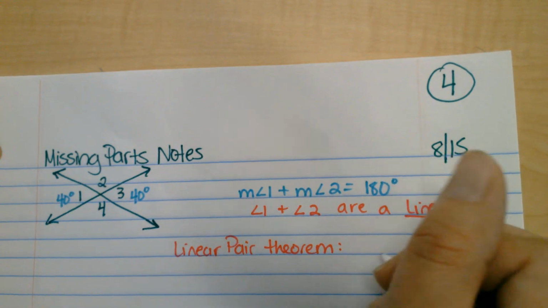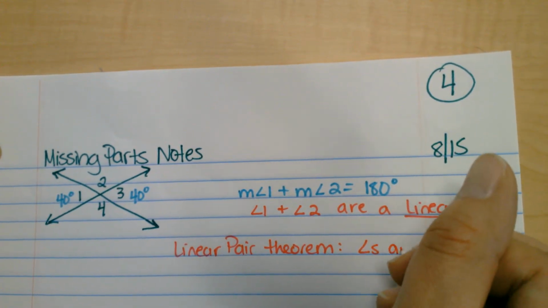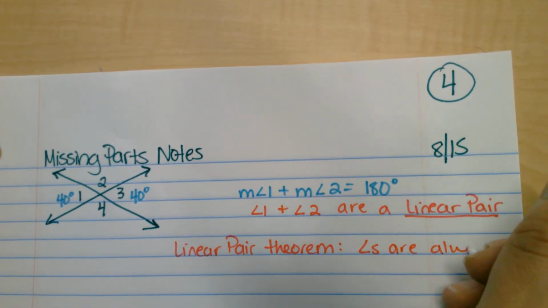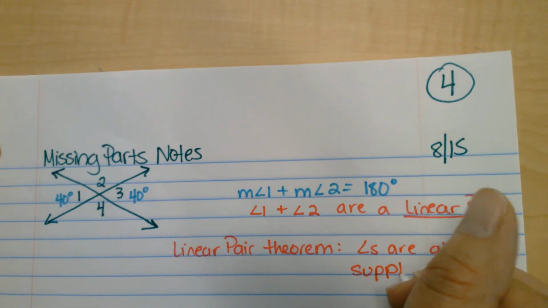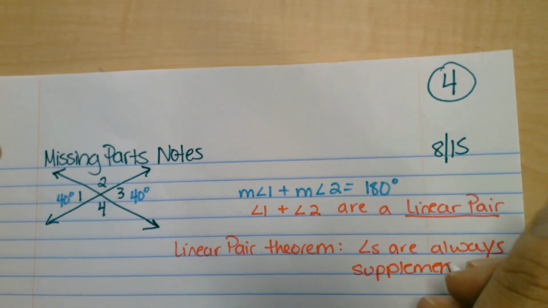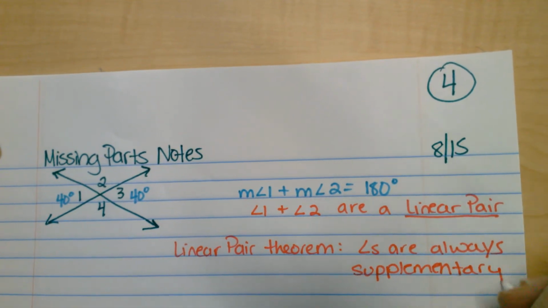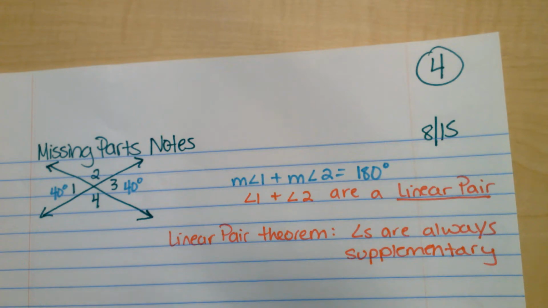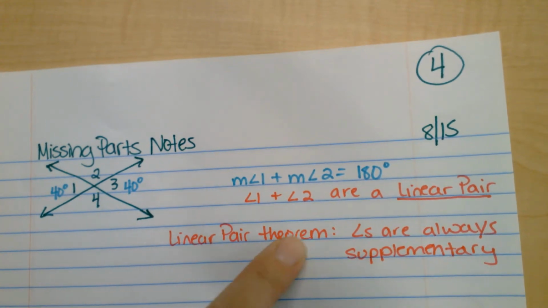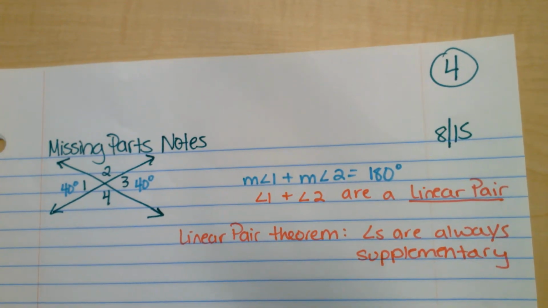Basically, the angles are always supplementary. And we'll talk about supplementary in like a minute or two. So these two angles will always be supplementary. That's the linear pair theorem. If it comes up, you'll know.